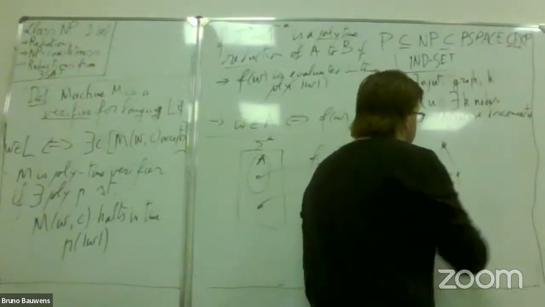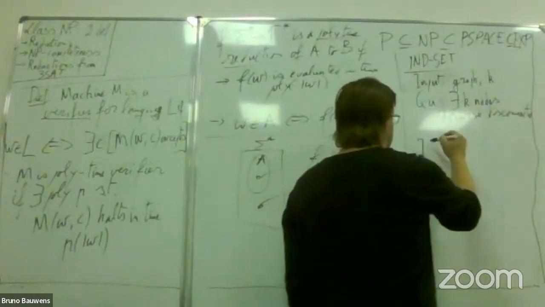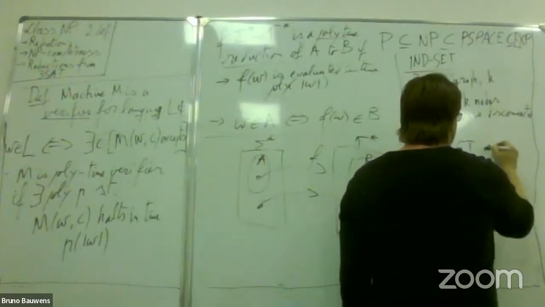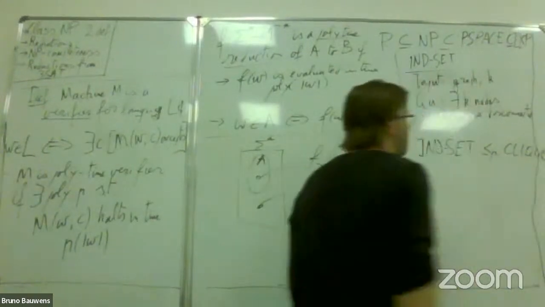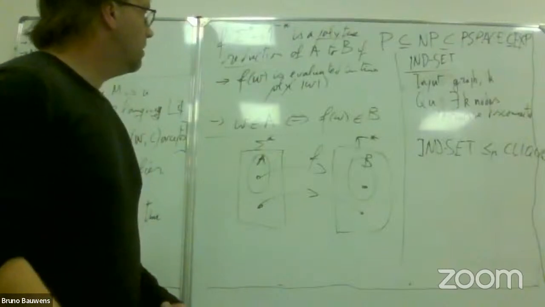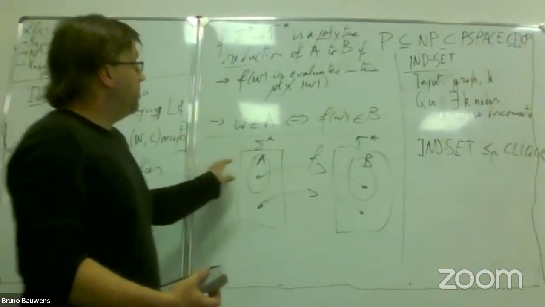Okay, and so an example of polynomial time reduces.